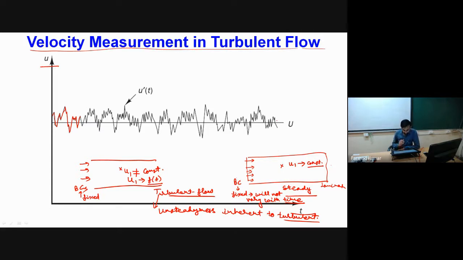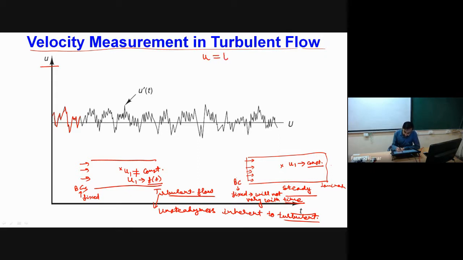Okay, so one important aspect here is that we apply a decomposition of the parameter. For example, u is my turbulent velocity. This u we will split into two components.